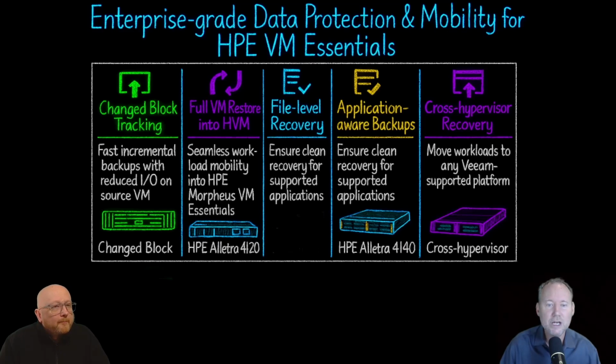We do have change block tracking. The two features I would probably start out talking about here would be change block tracking and application-aware backups. Those are really two great examples of how we differentiate ourselves from other people who are claiming that they can back up the HVM workloads on the HVM hypervisor today, because we really are communicating with the hypervisor itself and with the guest agent on the VM itself to accomplish true change block tracking and application-aware backups.